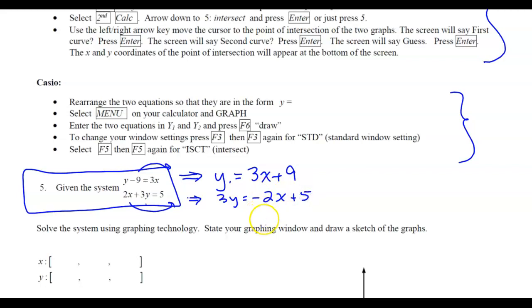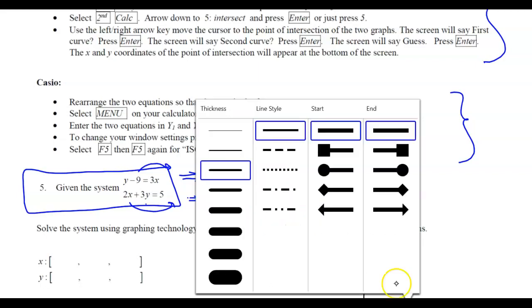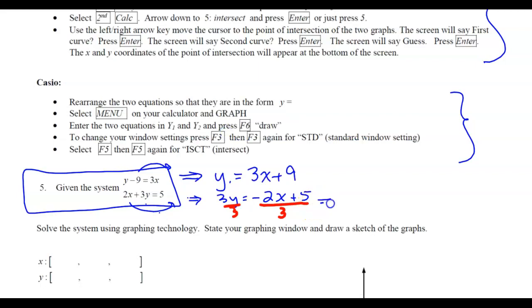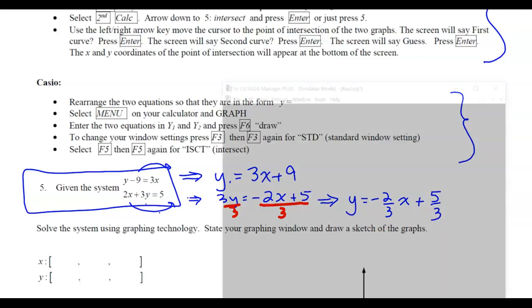And then I have to divide by 3, both sides. So this is what you were doing in the last unit. Okay, so that's going to be y equals negative 2/3 x plus 5/3. Whether you have a TI or a Casio, that has nothing to do with solving it, but both types of calculators need it solved for y.